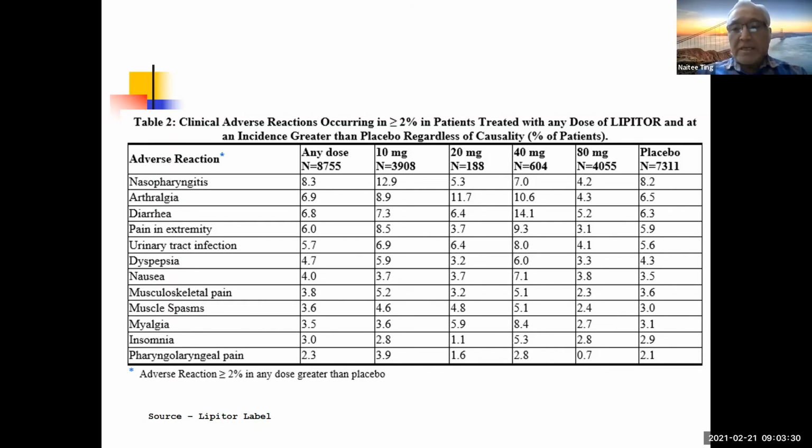So ICH, again, International Council on Harmonization, they try to harmonize across the globe of all the regulatory agencies. So in addition to the guidelines, the guidance documents, they also came up with the creation of CTD.